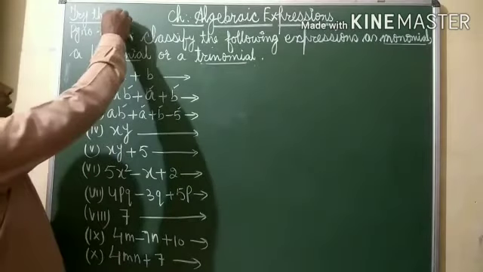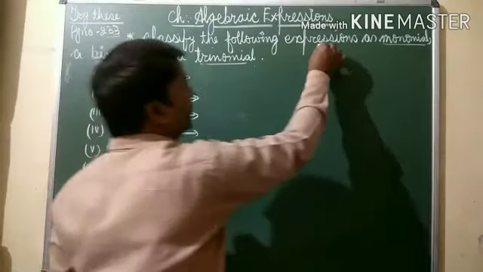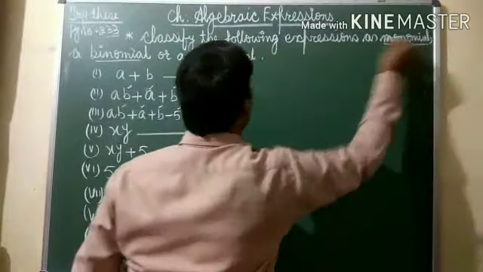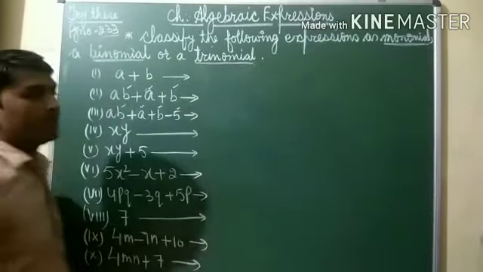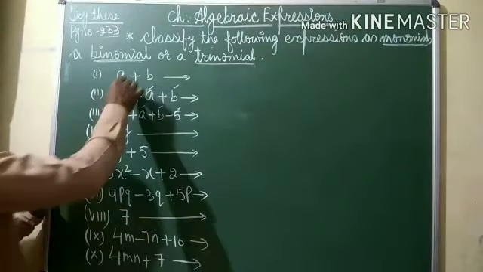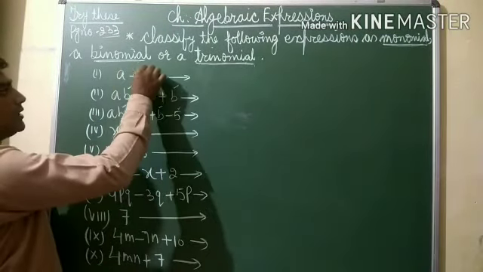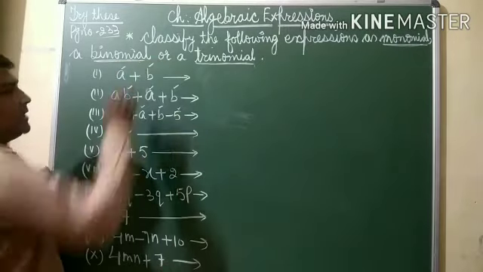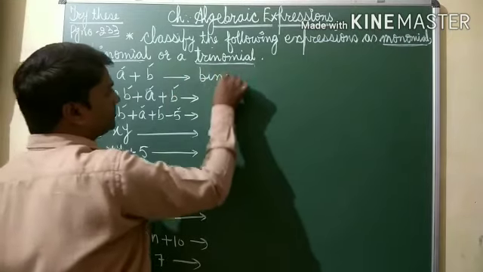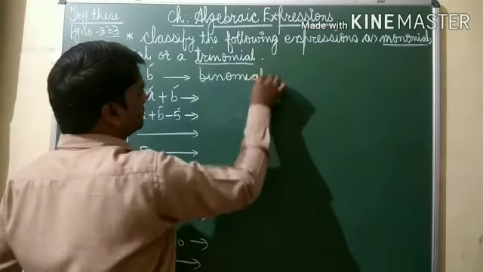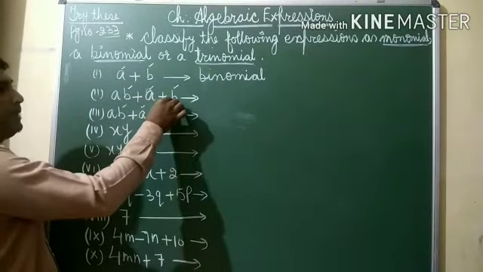Next is Try These, page number 233. Classify the following expressions as monomial, binomial and trinomial. So first we have the expression a plus b. Since this expression contains two unlike terms, that is a and b, therefore a plus b is a binomial. Second is ab plus a plus b.